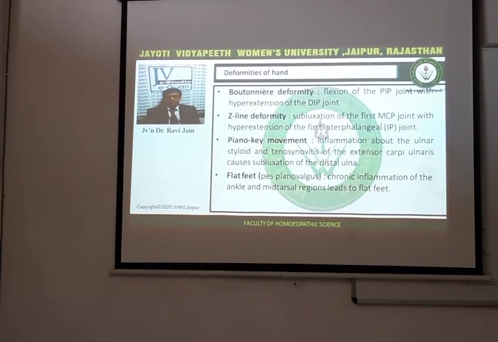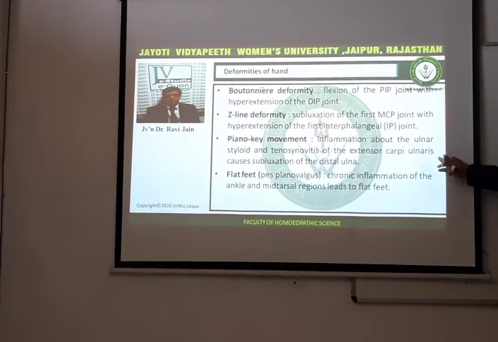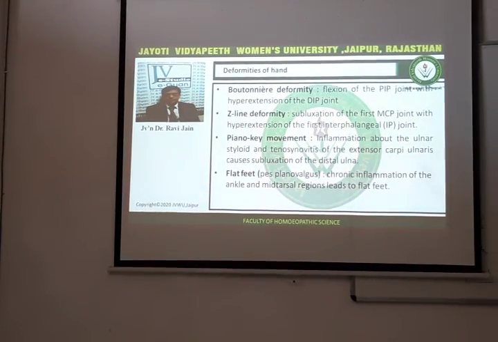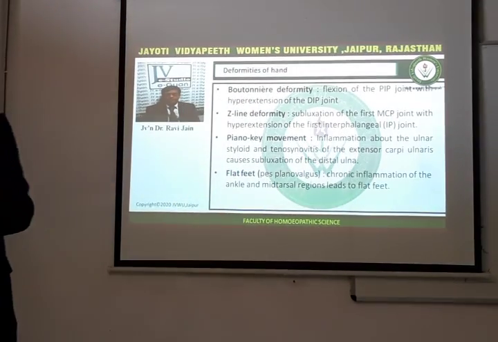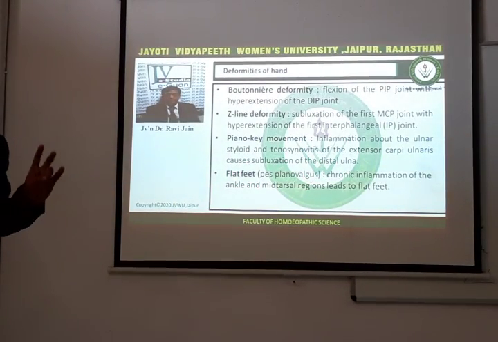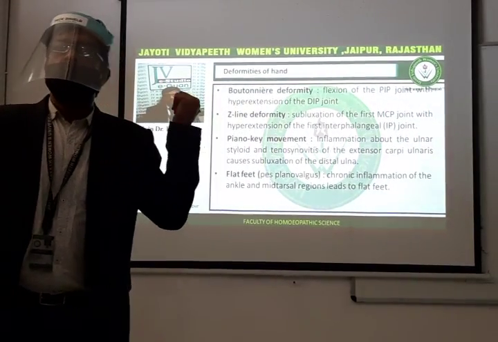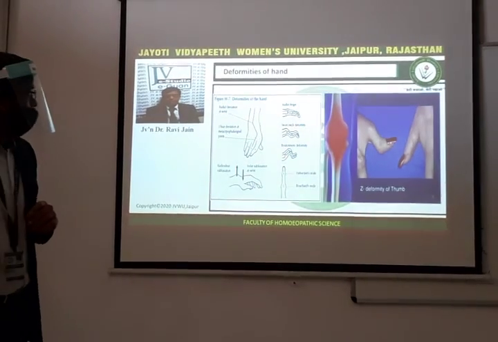There is inflammation of the ulnar styloid process and tenosynovitis. Okay. Then flat foot. What is there in flat foot? The arches of the foot are involved. So these are the different deformities that are seen in rheumatoid arthritis. In osteoarthritis, we have studied two types of nodes, whereas in rheumatoid arthritis, we have seen different types of deformities. Okay.